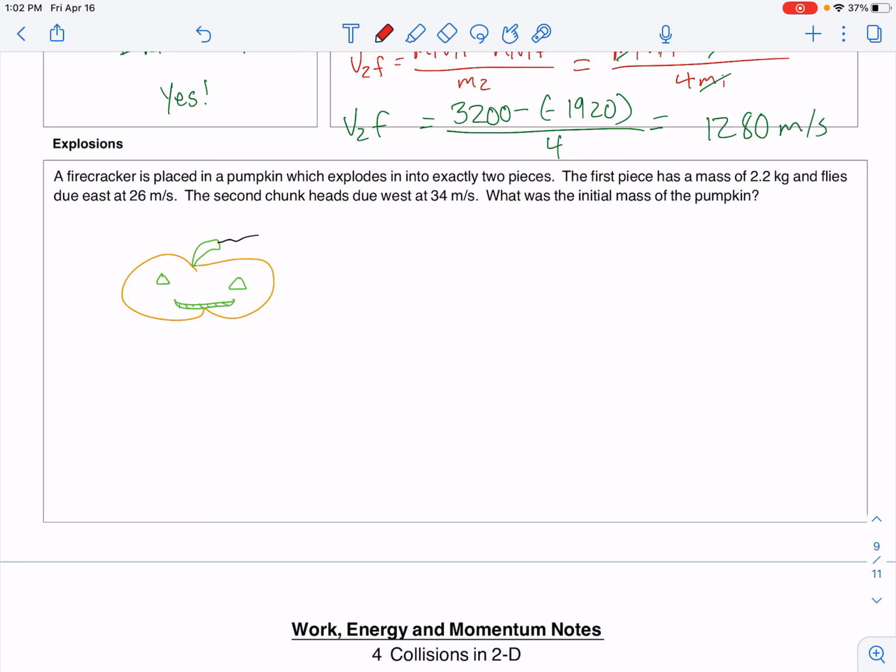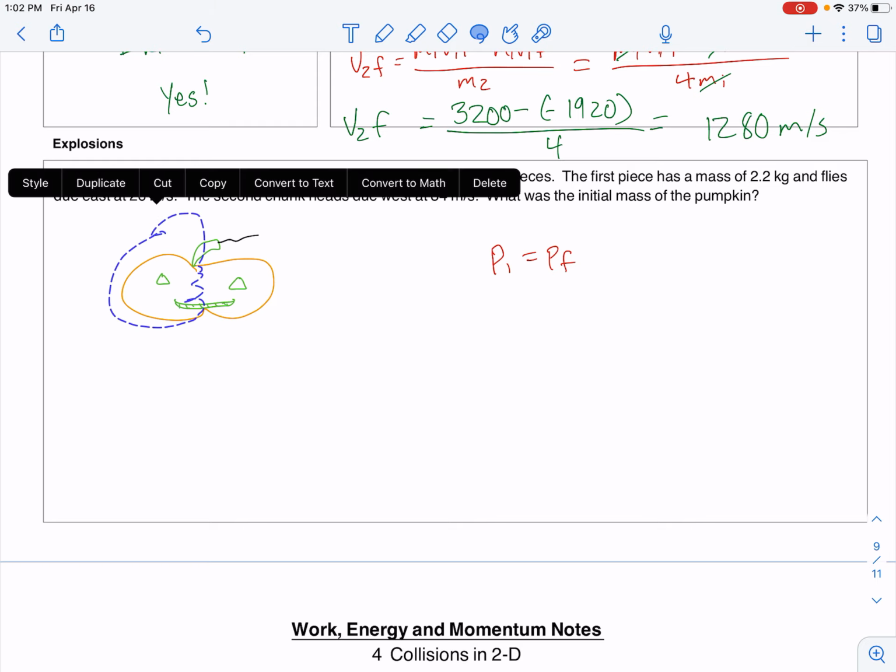Now we know that our momentum initially is going to equal our final momentum. So, a couple things.